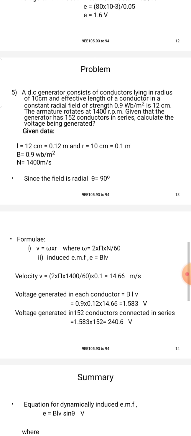The armature rotates at 1400 rpm. Given that the generator has 152 conductors in series, calculate the voltage being generated.